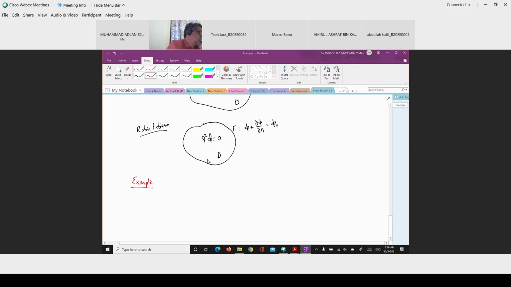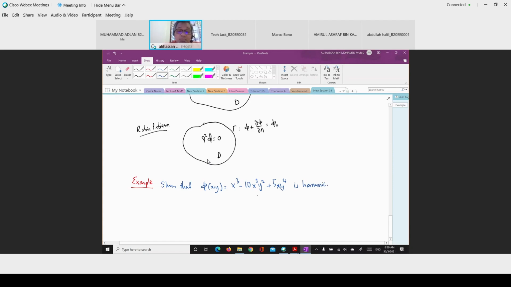Let me show some example here. Show that phi of x y equal to x cubed minus 10 x cubed y squared plus 5 x y to the 4 is harmonic.